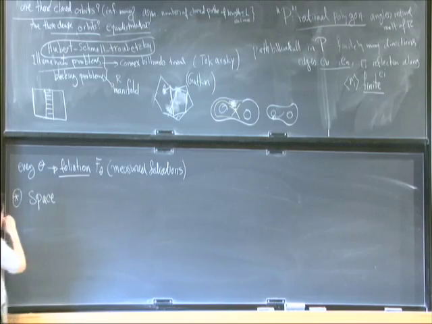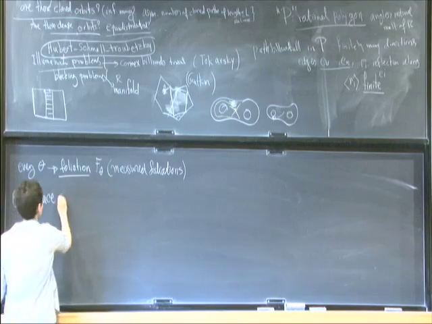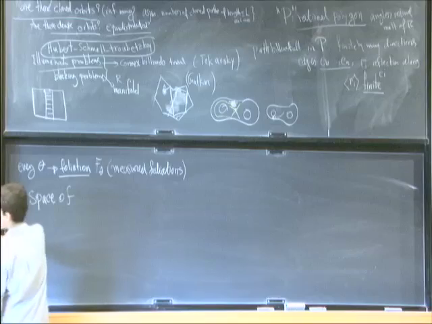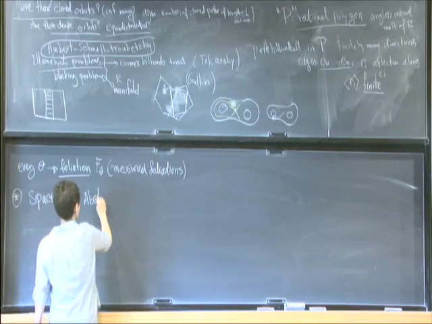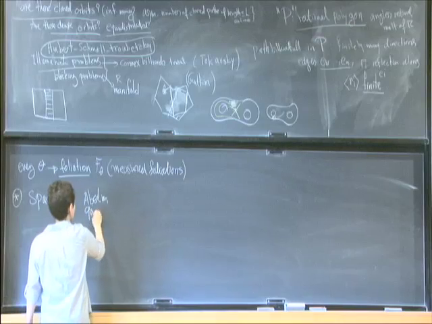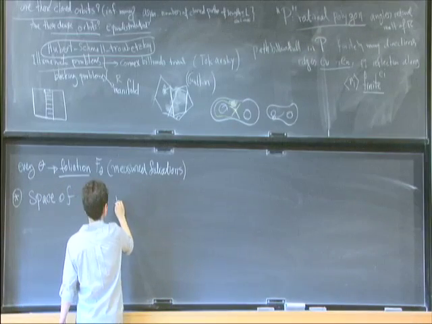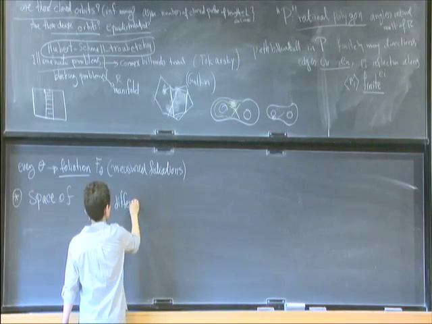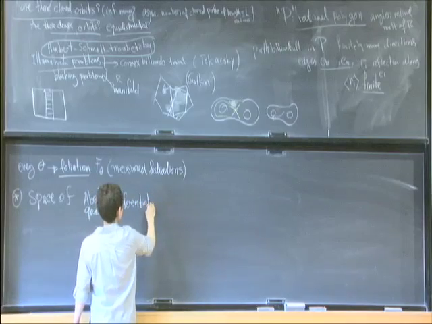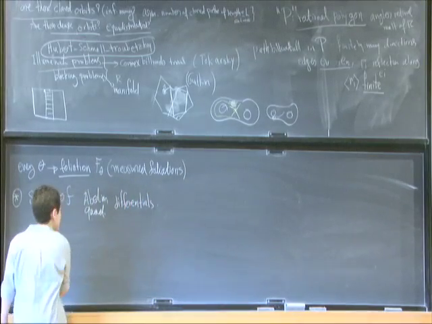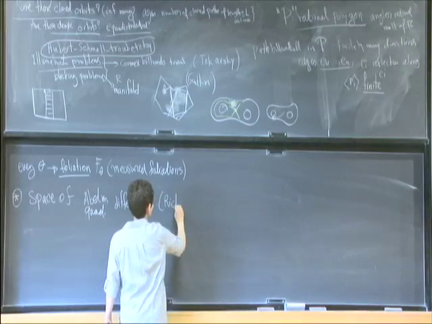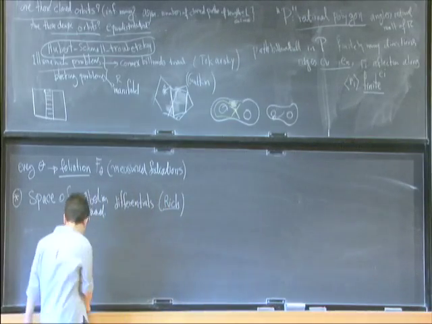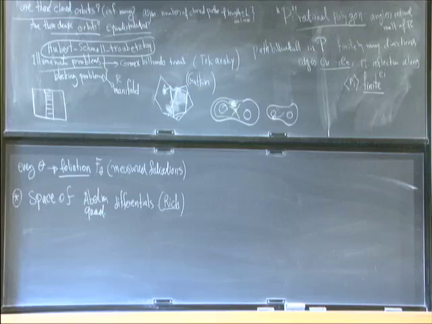They all sit inside a nice space, which is the space of, say, if you are in the orientable case, abelian or quadratic differentials. And this space has rich structure. But I'll say what I mean by that.